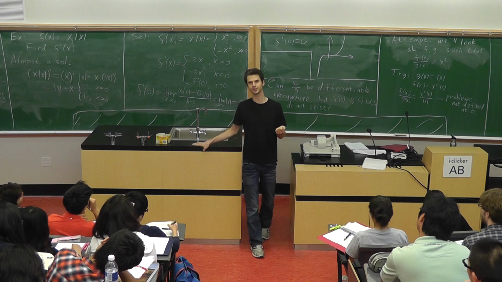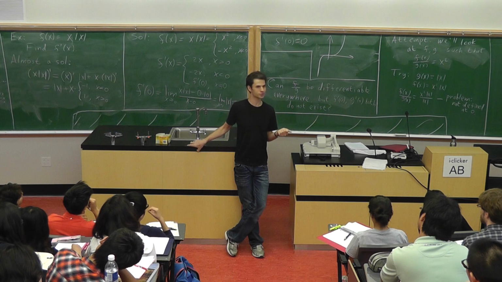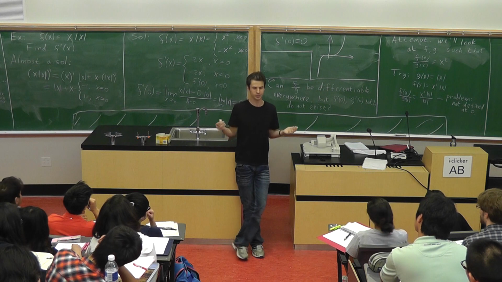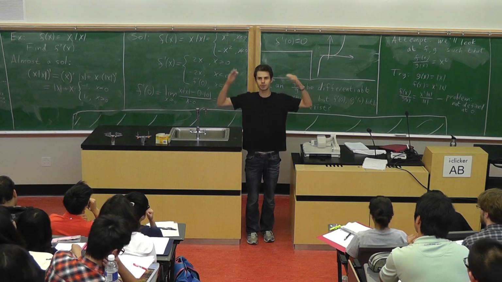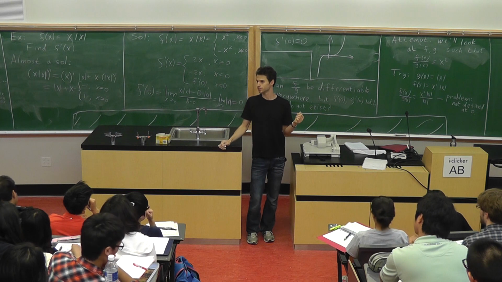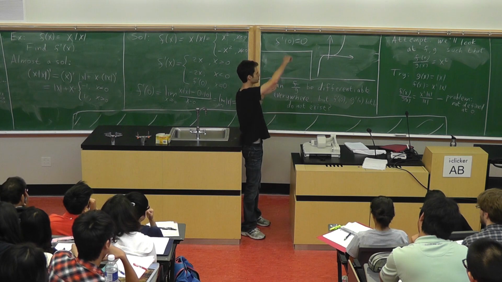Well, if something has to be not 0 at any point, it should be either always positive or always negative. So you should try to imagine a graph in the upper half plane with a corner at 0. 2 to the power of x, no, still differentiable.